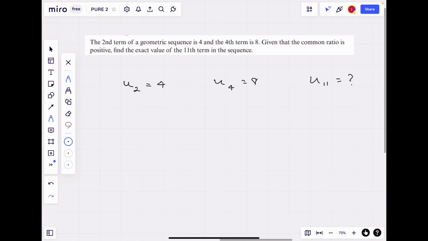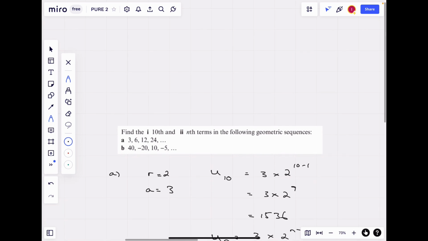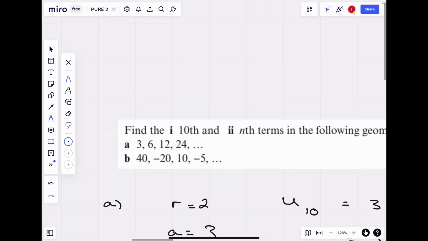Okay, here's how we work through this. Let's use this example, 3, 6, 12, 24. The first term is a. The second term is ar. The third term is ar squared.